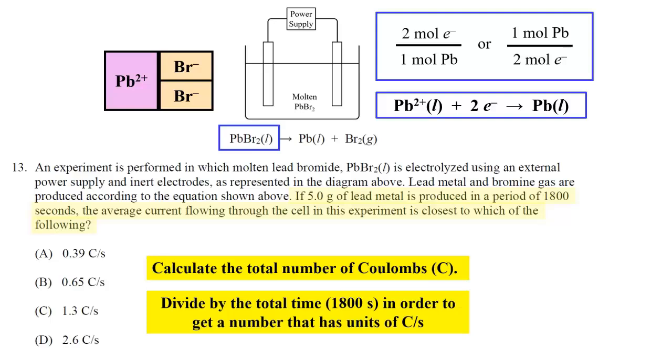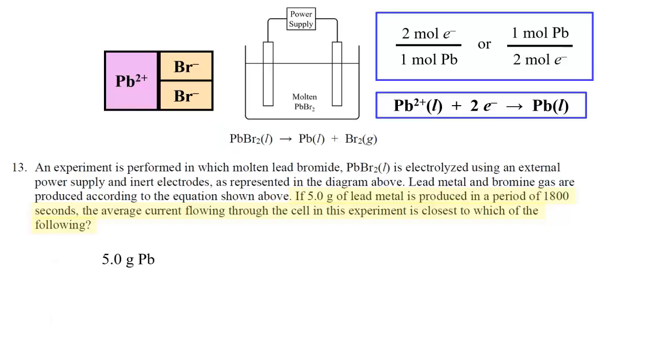Let's start with 5 grams of lead metal. I think a good first step is to go from grams of lead to moles of lead using the information on the periodic table. So on the periodic table, 1 mole of lead has a molar mass of 207.2. Now we've gone from grams of lead into moles of lead.